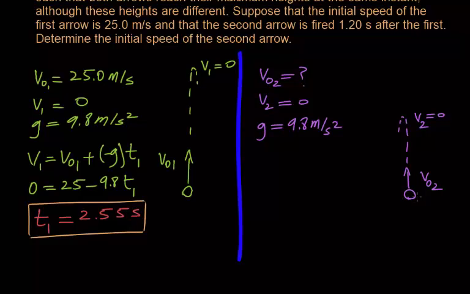It is launched with the v02 velocity that is not known to us, and that's what we're trying to solve for. It goes to a given maximum height, where the velocity is going to be 0. Notice when object 2 reached this height here, the other one reached the highest point exactly at the same time. And that's the reason why that one went higher and this one not as much.